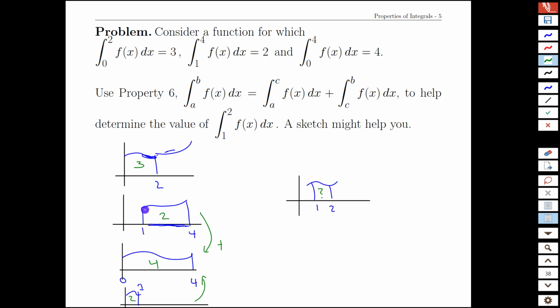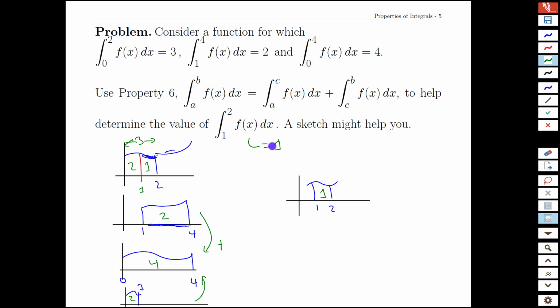Well, it gives us an ingredient then to go back in here. I'm just going to do this in color here. If we split this in half, we now know that there's 2 as the integral from 0 to 1, but we were told this whole integral was 3, and so there's going to be 1 left over there, and so we can actually deduce that the integral of this function, f of x, on the interval from 1 to 2 is going to be 1.